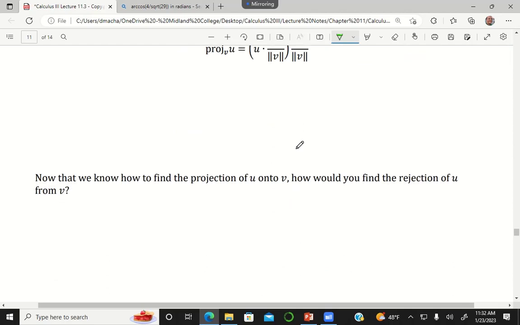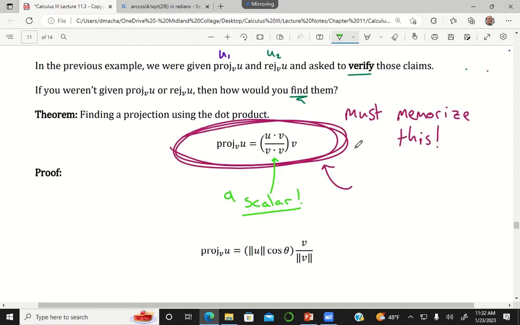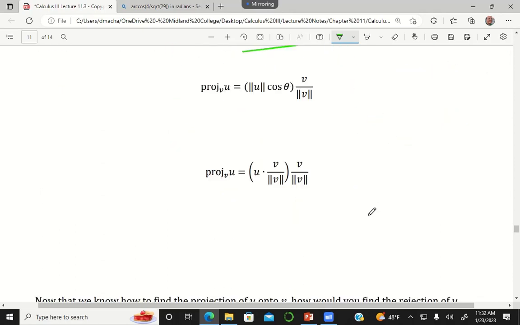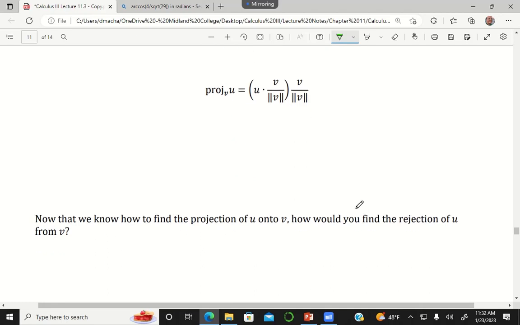So the dot product is just the magnitude of the projection, right? Of two vectors. It's just the magnitude of the projection vector. Like, kind of. This is like another way to write this. It's the same idea.